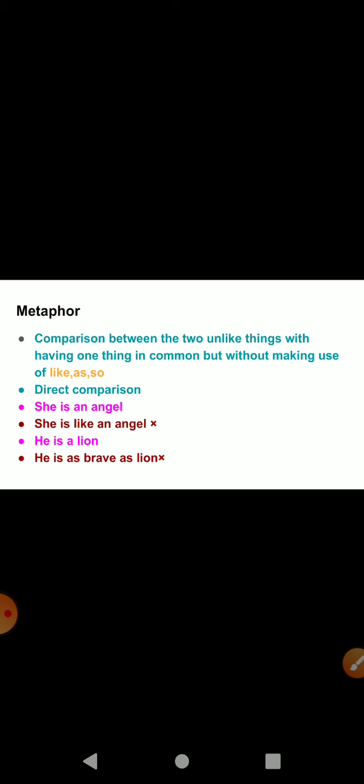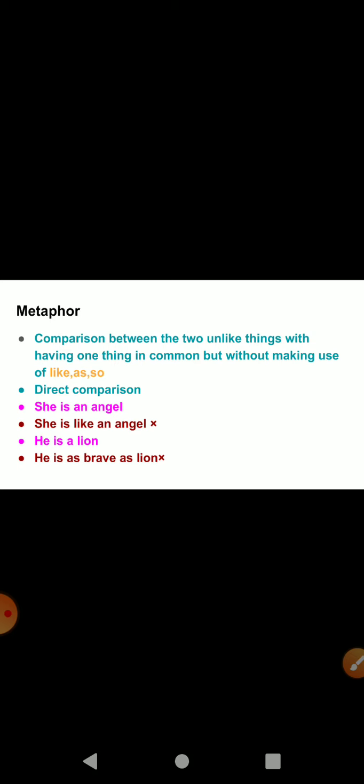So we are comparing the eldest son with the star. The comparison is made between two unlike things. So comparison is made, but direct comparison is made without making use of "like" or "as". We say the camel is the ship of the desert.